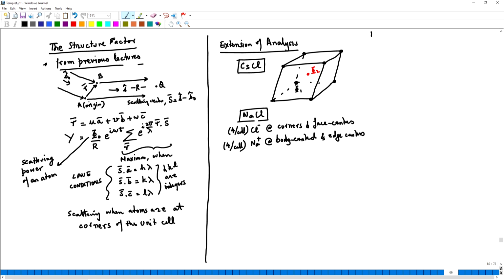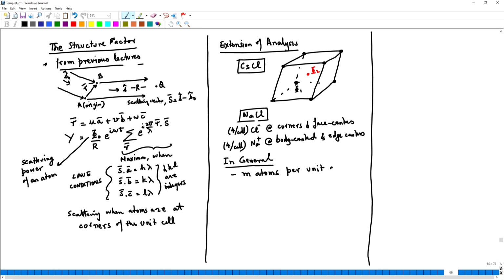Let us look at it like this: in general I can have m atoms per unit cell, and their scattering powers, let me call them phi 1, phi 2 to phi m. So, in general they can all be different.